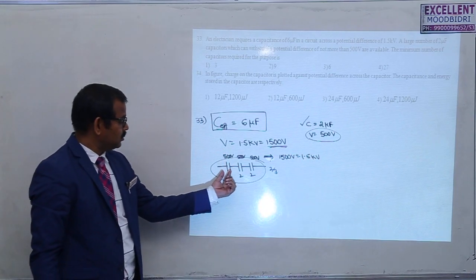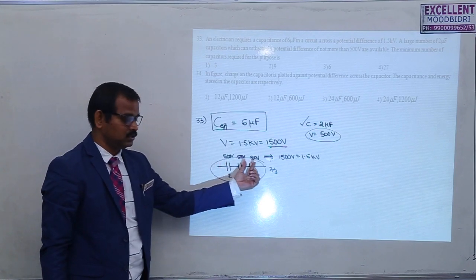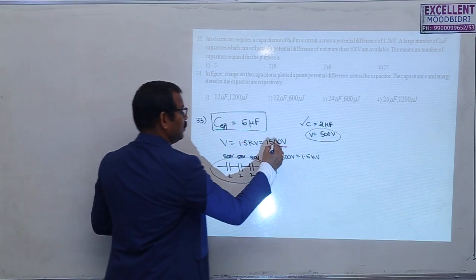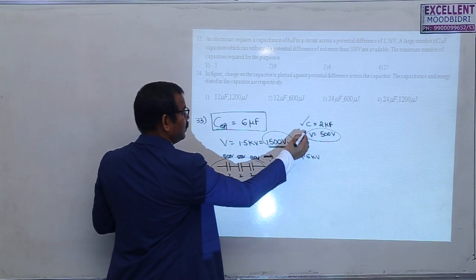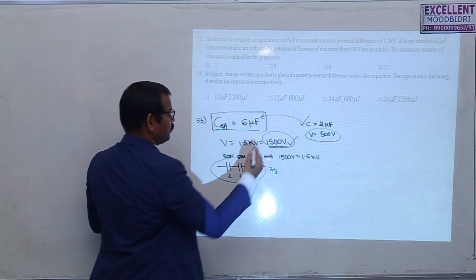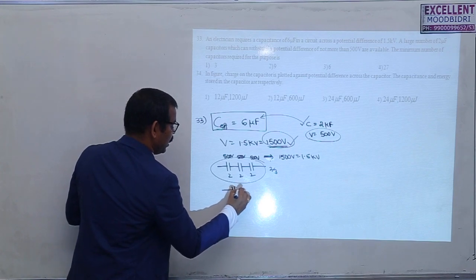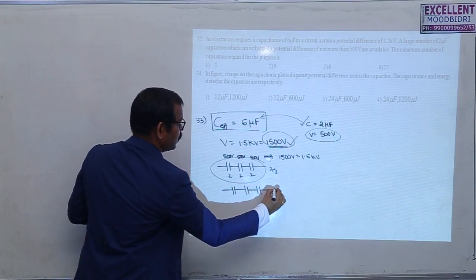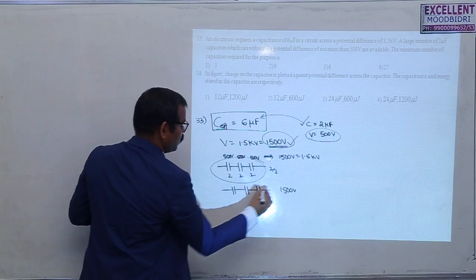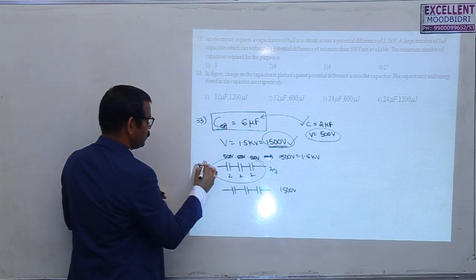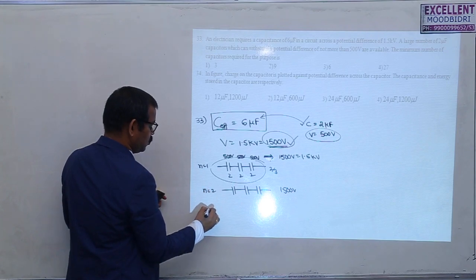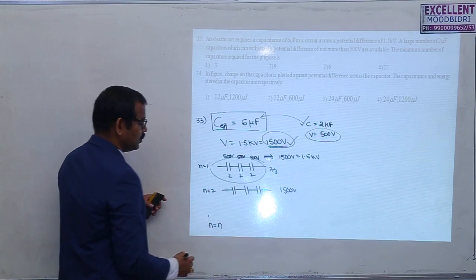So first we need to arrange three 2 microfarad capacitors in series so that we get the required voltage. Now I need a capacitance of 6 microfarad, so for this I will draw 3 more here. Here also the voltage is 1500 volts. This is the first row, this is row number 1, this is row number 2, and so on up to row number n.